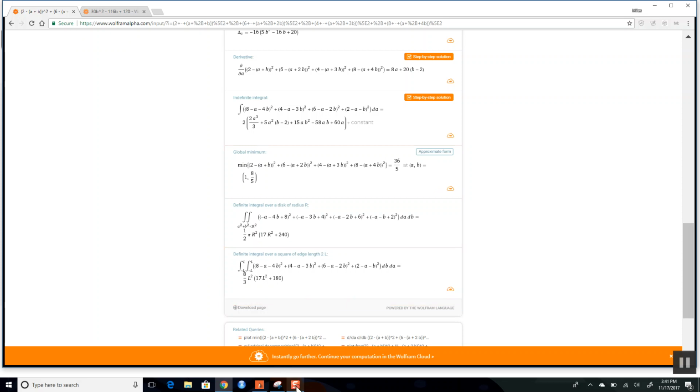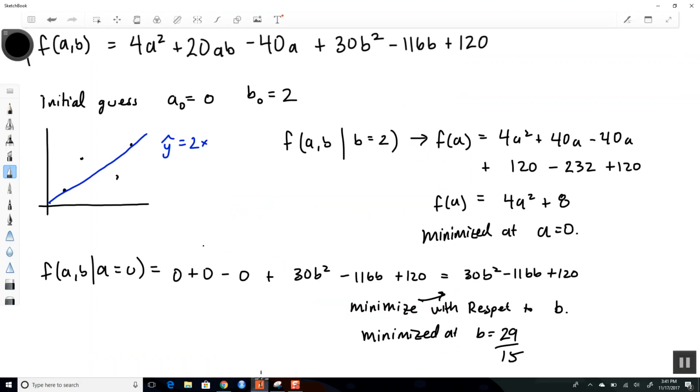Okay. All right. Are there any questions regarding the iterative steps here?